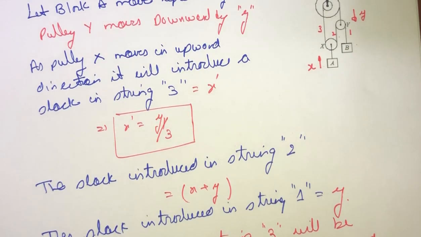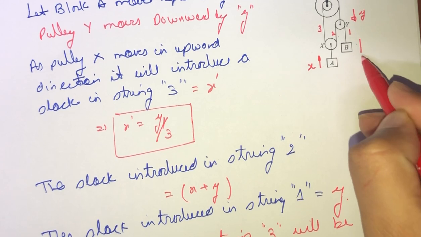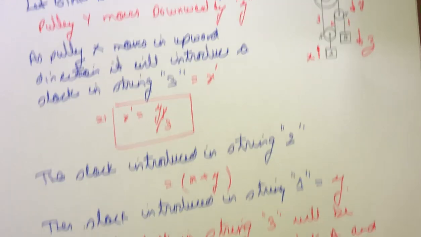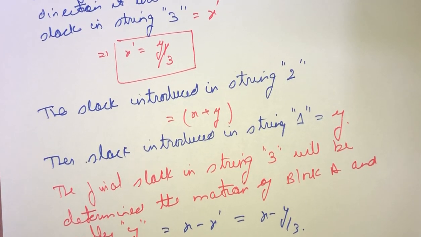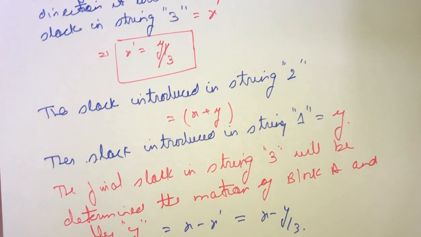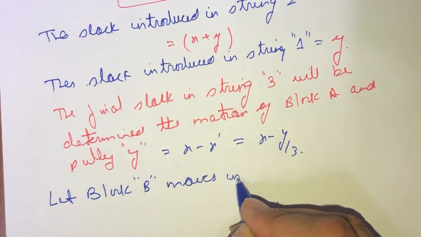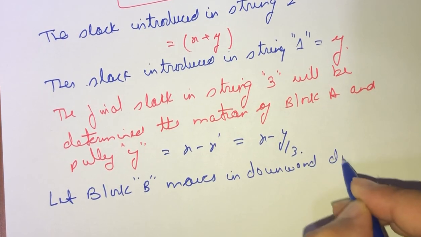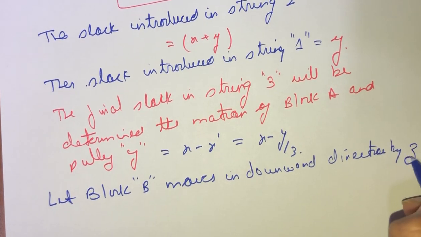And we also assume that block B moves in the downward direction by displacement z.